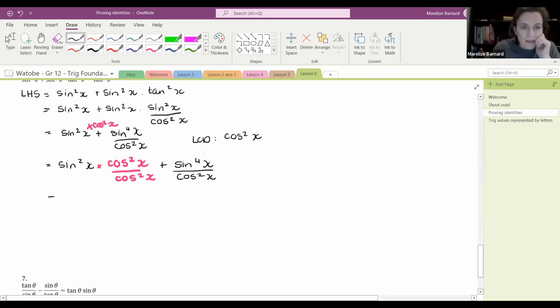Okay, and then we've got sine squared x times cos squared x. So it's sine squared x cos squared x plus sine to the power of 4x over cos squared x.